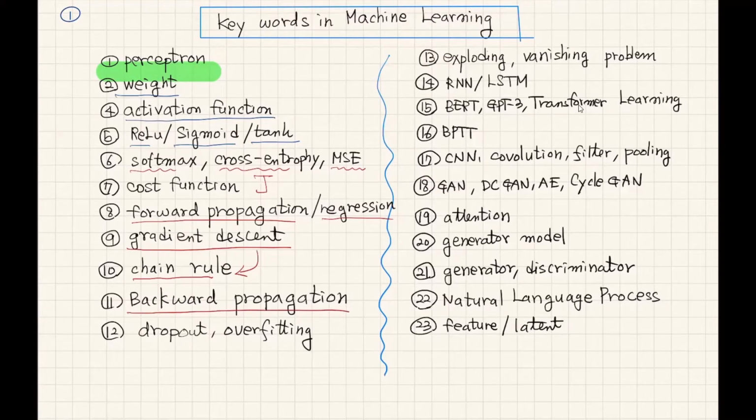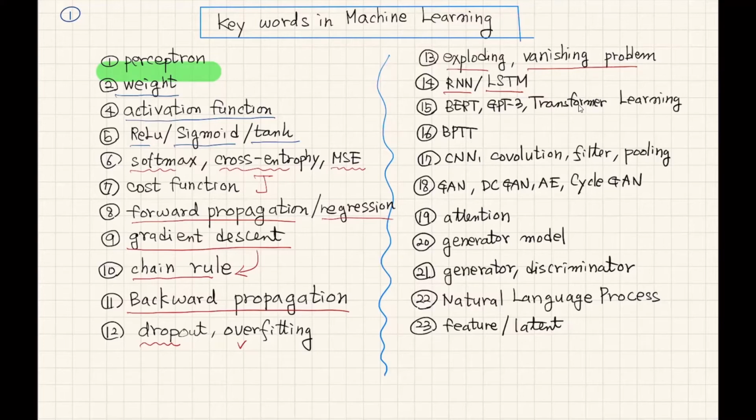Sometimes our network is too complicated, and sometimes we may have too much data. Sometimes we have to cut it down to make a simple and fast DNN, so we can use dropout methodologies or overfitting methods. In sequential data cases, such as RNN, we had exploding and vanishing gradient problems.